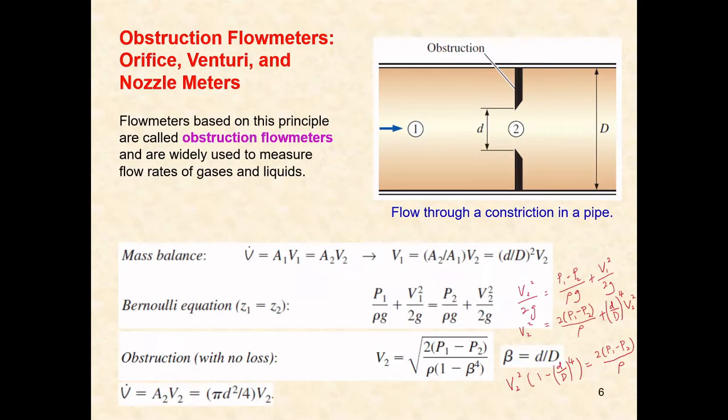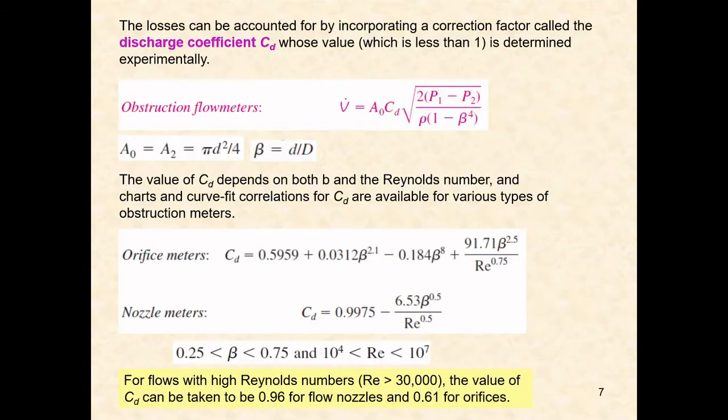Of course, just now we mentioned that this equation was derived without any loss. So if we want to include the minor loss as a result of this obstruction or constriction, we can include a coefficient called the discharge coefficient. The losses can be accounted for by incorporating a correction factor called the discharge coefficient CD, whose value is less than 1 and is determined experimentally.